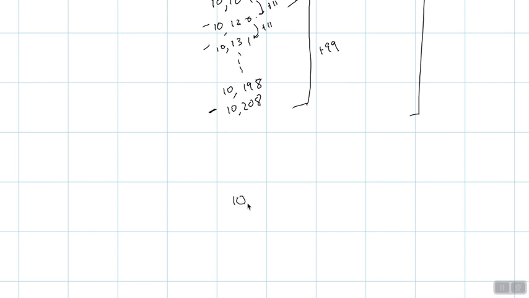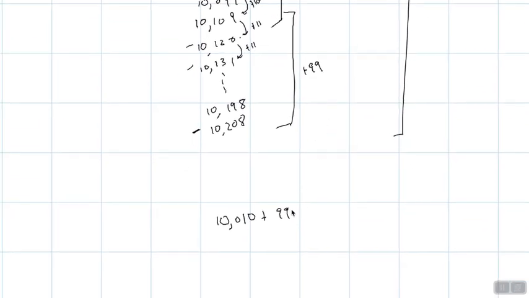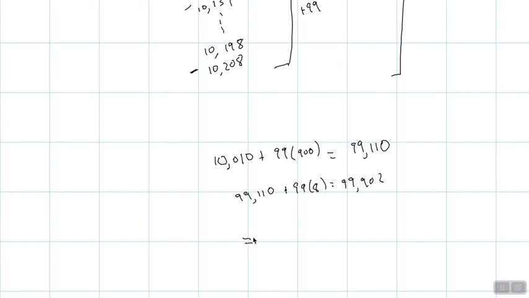In order to do that, we have 10,010 plus, since we're going by 99s, 99 times 900 is 99,110, and then 99,110 plus 99 times 8 is 99,902.